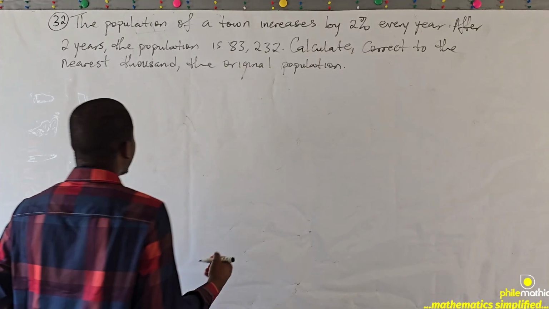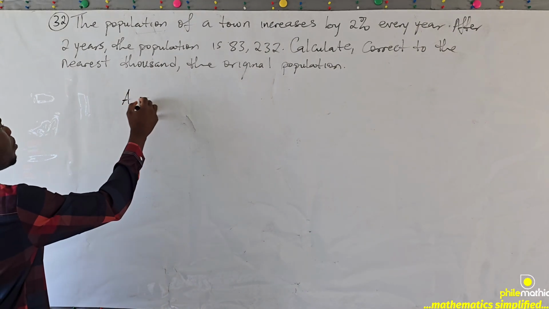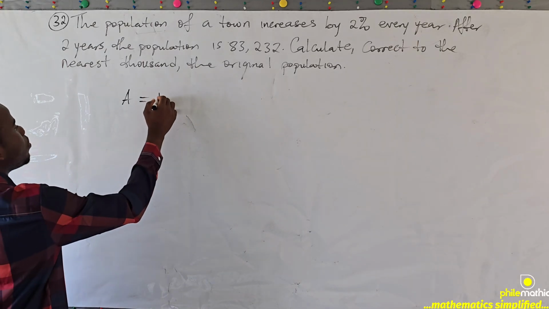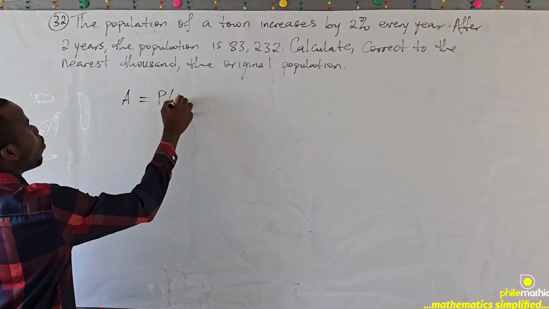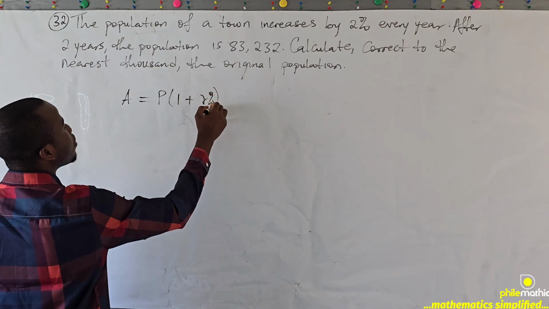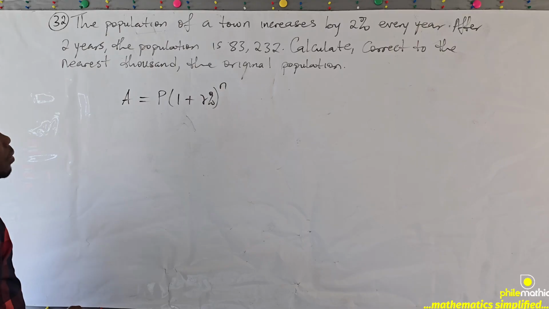Remember, in compound interest, if you want to find the amount that the principal will yield to, it is principal times 1 plus the rate in percent raised to power number of years, or the time.